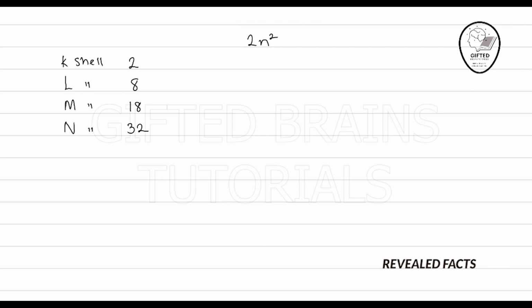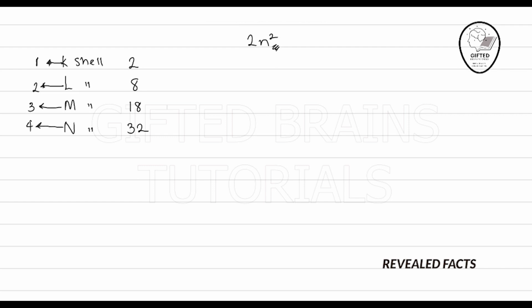You see, the K is represented with 1. The n value is 1. The n value is 2. The n value is 3. While the n value is 4. So if you use that in this relationship, you will get the same values of 2, 8, 18, 32.